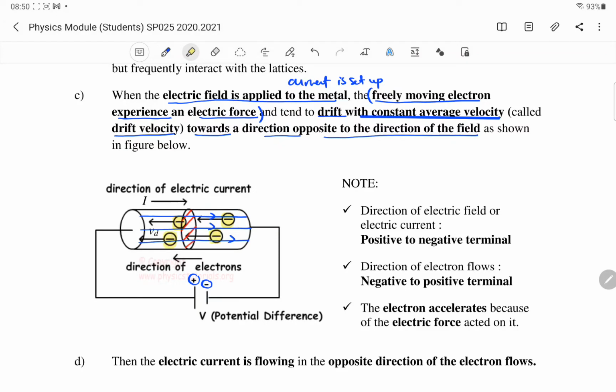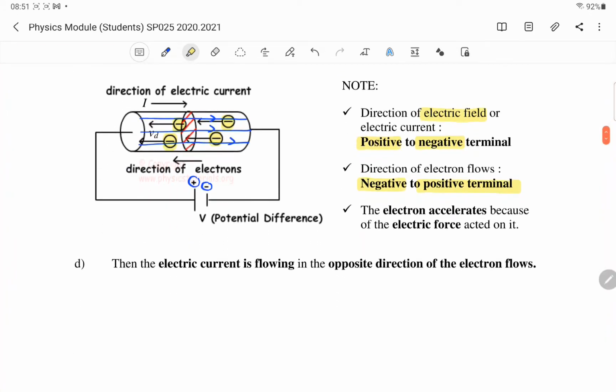So mestilah dia akan attract, direction of electron flow is from negative to positive terminal. Okay, so dia akan opposite the direction of electric field, sebab direction of electric field is from positive to negative, so direction of the electron flow is opposite to the direction of electric field.